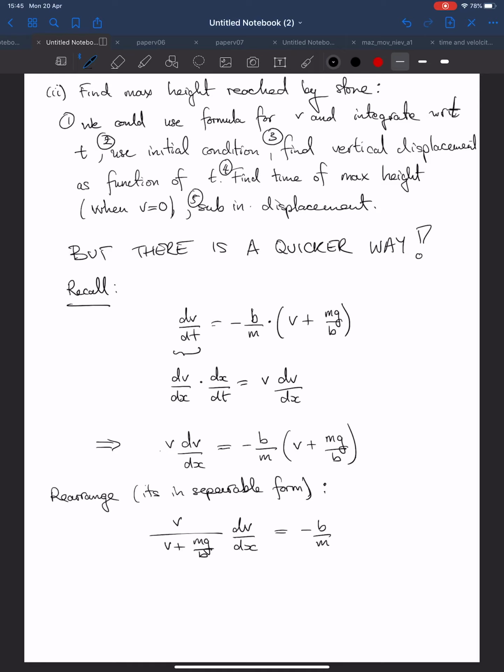Okay, so that's what it is. Next, well, the two things I can do is integrate with respect to x to find v as a function of x, but it's overkill.